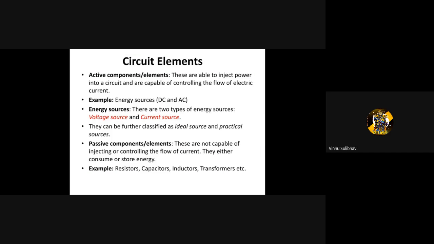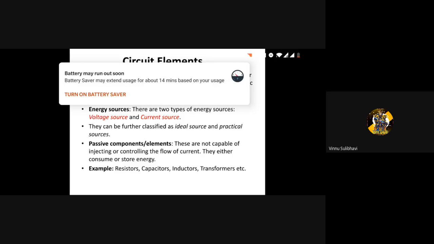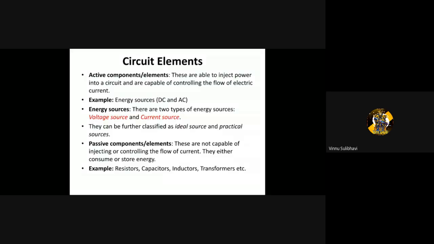The active elements supply the energy for the passive elements, the consumption or absorption, or the requirement of the load element, which is nothing but the resistors in this case.